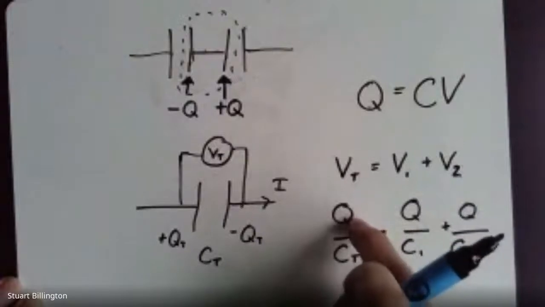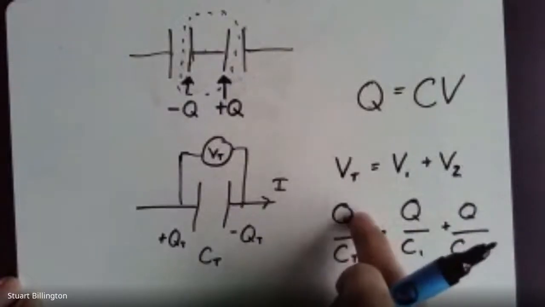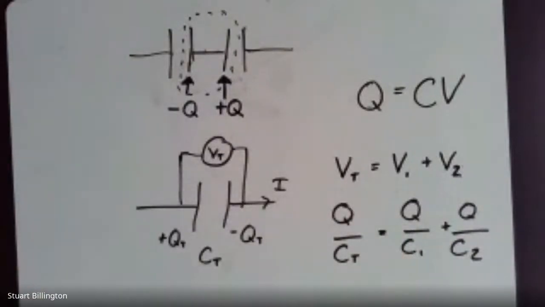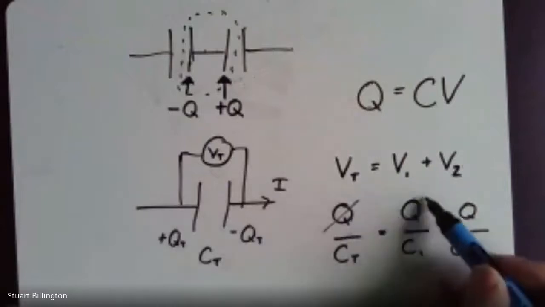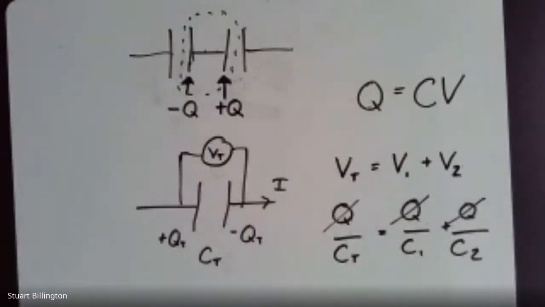Why Q1 and Q2 are the same, and by definition, if we've got the same potential difference, we must be storing the same amount of charge. Just make a little note to yourself that Q1 has to be equal to Q2, because the negative plate of C1 got its electrons from the positive plate of C2.